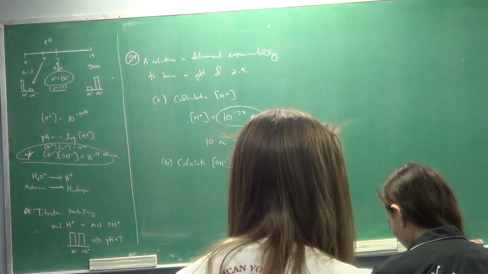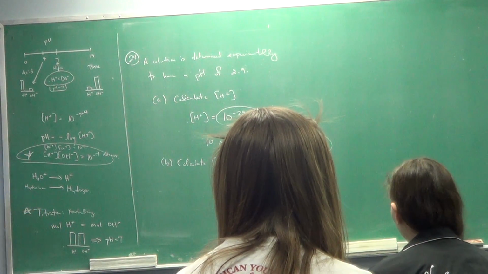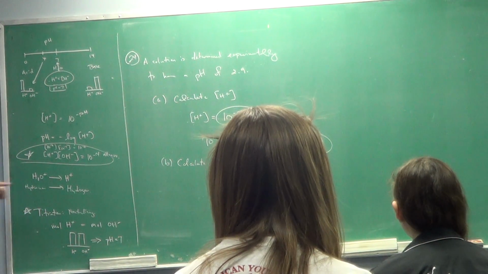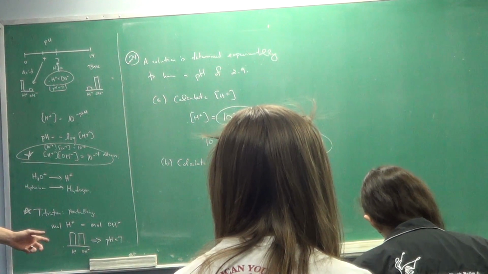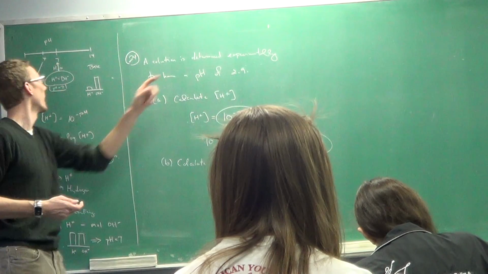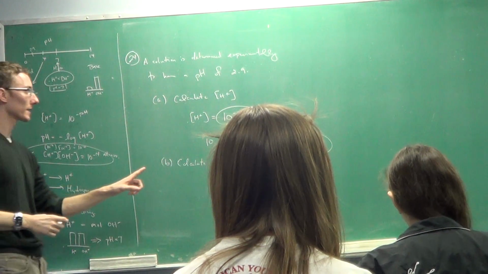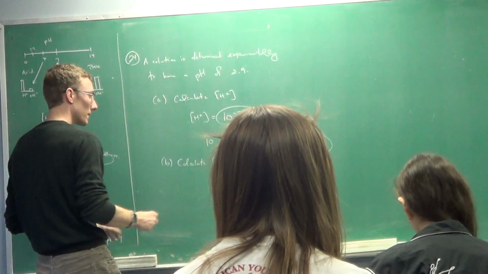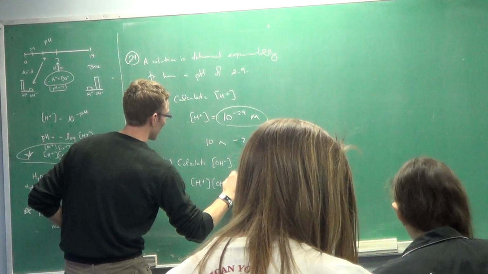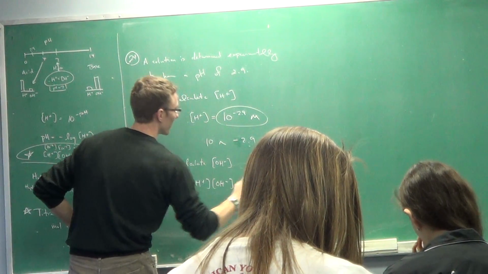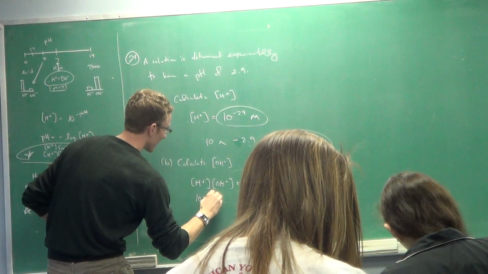While many problems involve an equal number of hydrogen ions and hydroxide ions because you're neutralizing a solution, in this problem, we are definitely not assured of that because our pH is 2.9. We're very acidic. So we should expect the hydroxide ion concentration to be significantly less. To go to the formula, hydrogen ions times hydroxide ions is 10 to the negative 14. We know that the hydrogen ions is 10 to the negative 2.9.